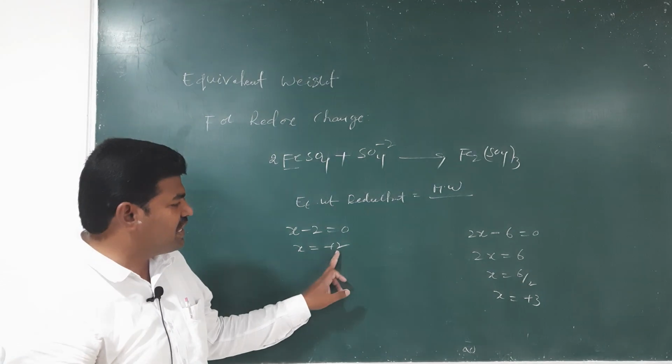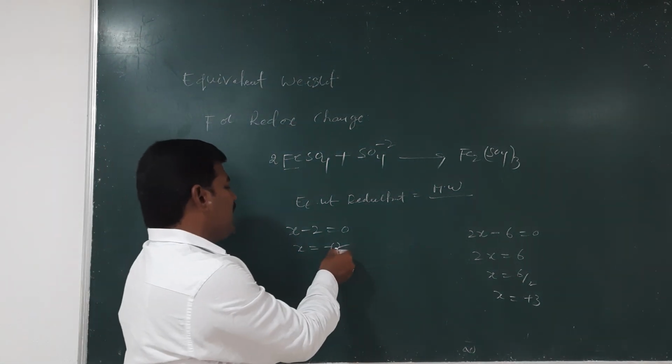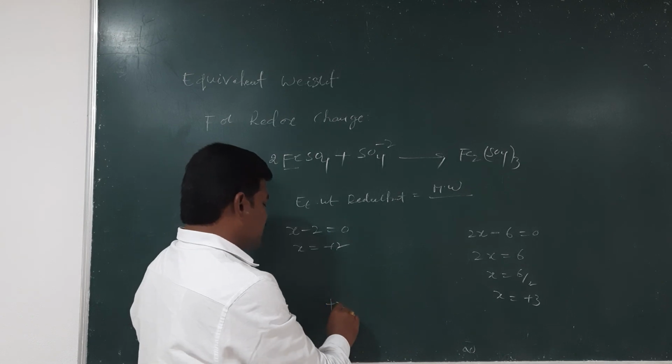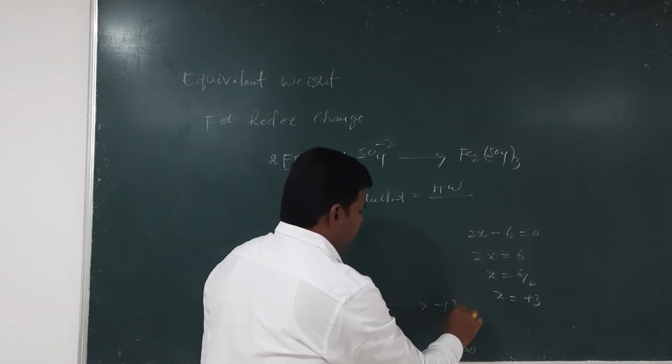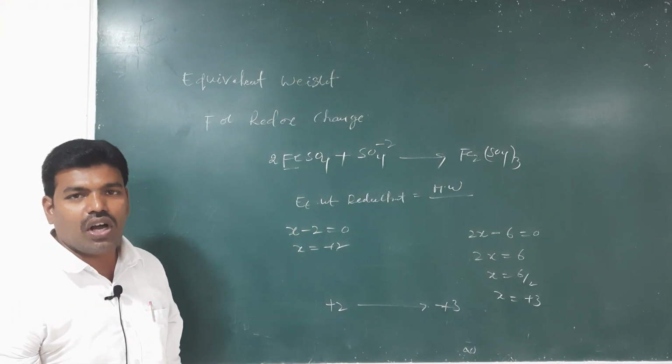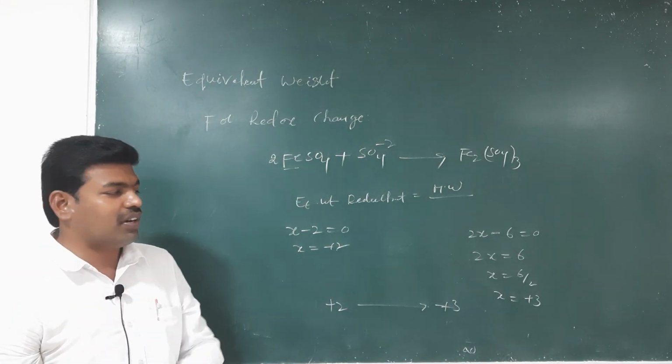So the oxidation state changes from plus 2 to plus 3, which means it loses 1 electron.